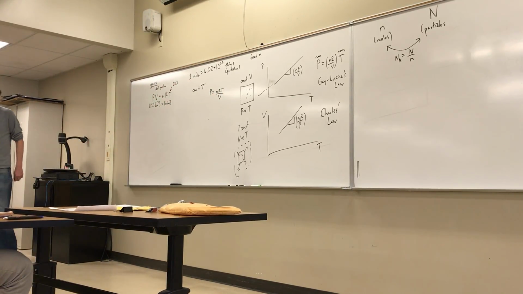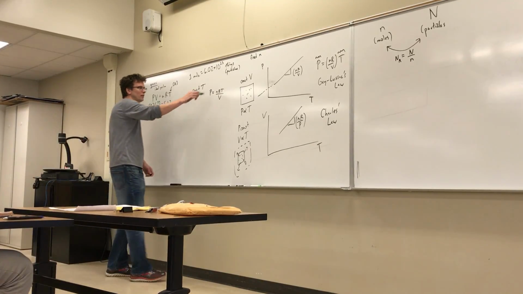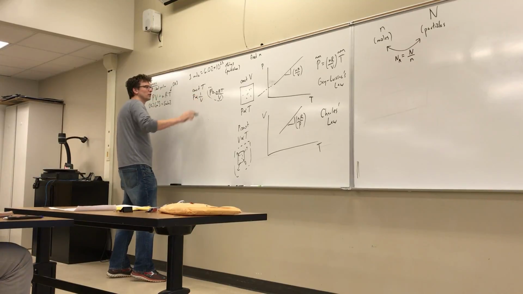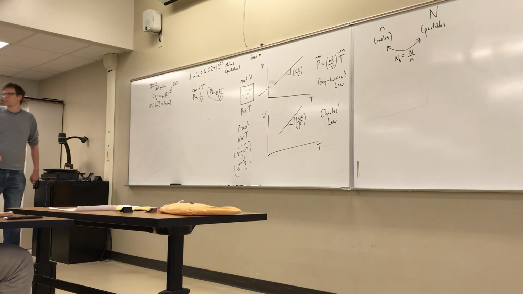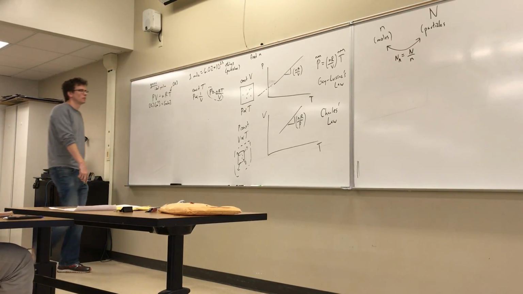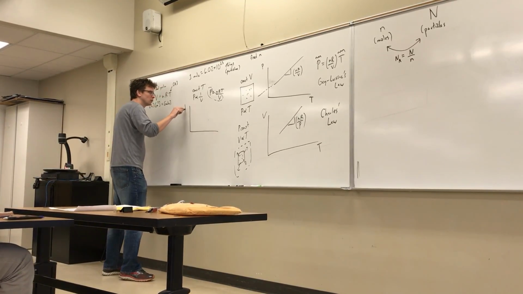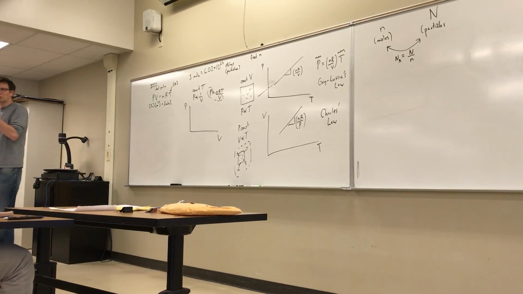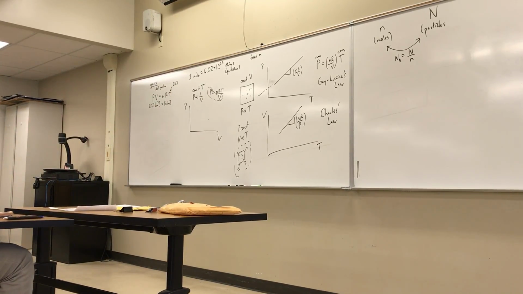You can see that P is proportional to 1 over V. So this is not expected to be a linear relationship if I plot P versus V. If I plot the pressure versus volume, it will not be linear.